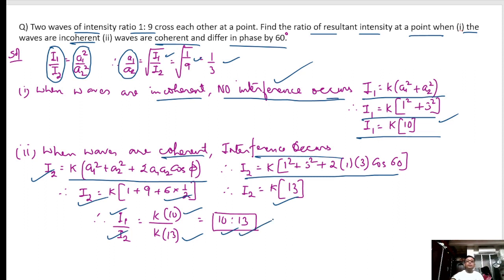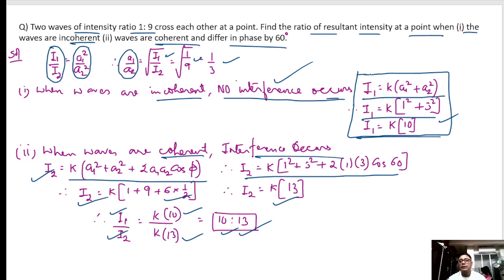Please remember, I1 and I2, when the waves are coherent, then the resultant intensity will be this. And when the waves are incoherent, interference will never occur. So in this case, there will be no phase at all.